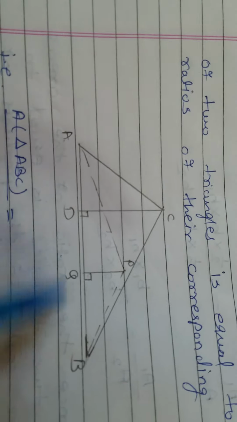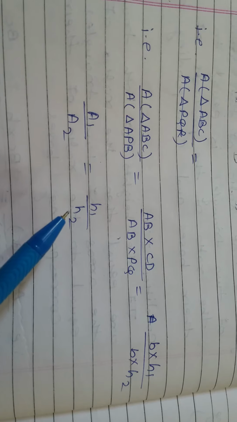In this figure, AB is the base which is equal, and in triangle ABC, height is CD, and in triangle APB, height is PQ. Heights are different but the bases are same. Bases are AB, same. Here AB into CD upon AB into PQ. That is, B into H1 upon B into H2. B gets cancelled, and here we get A1 upon A2 which is equal to H1 upon H2.